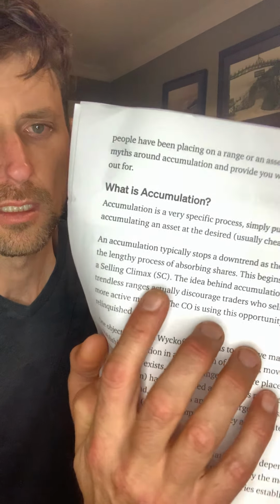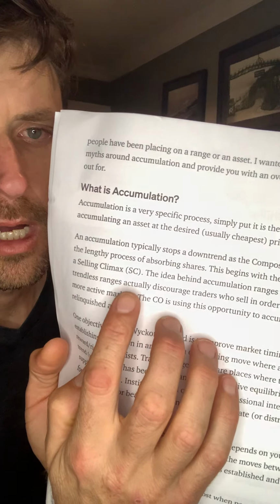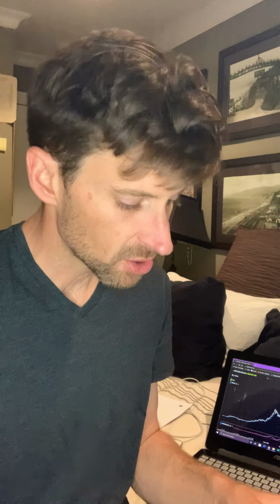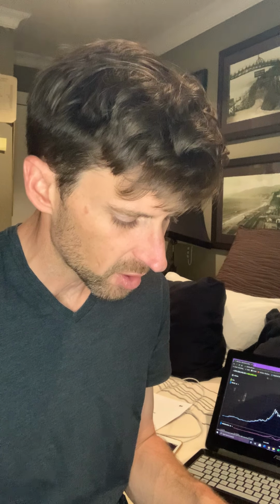This begins with the stopping action of the selling climax, or SC. The idea behind accumulation ranges is that these trendless ranges actually discourage traders who sell in order to move on to more active markets.